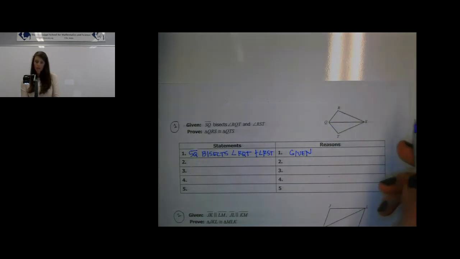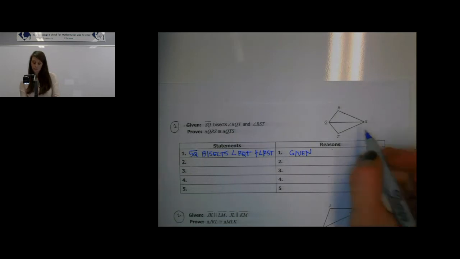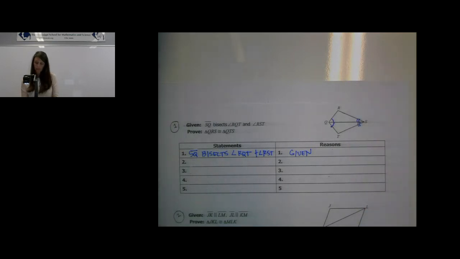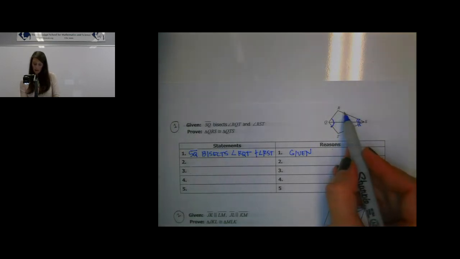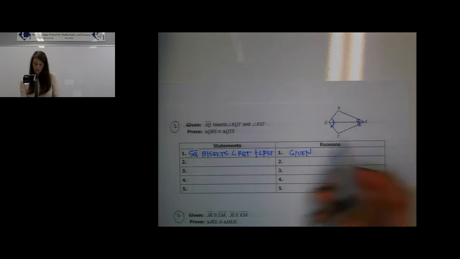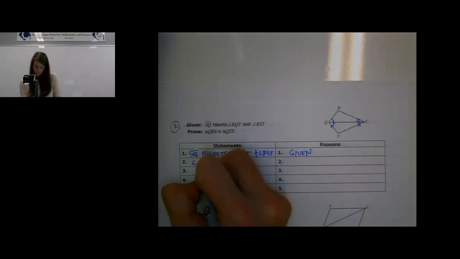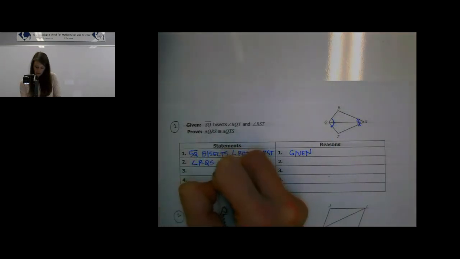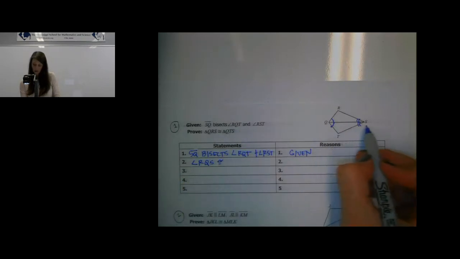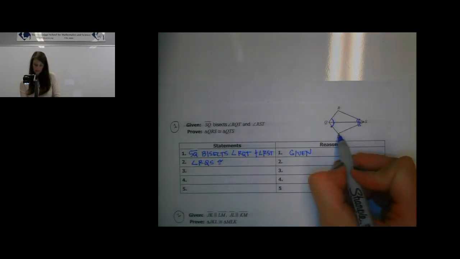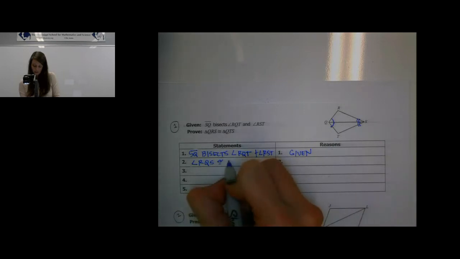So a bisector means what? When it bisects, then I'm going to create two congruent angles there, two congruent angles here. So that means that angle RQS is going to be congruent to angle TQS. You see that?